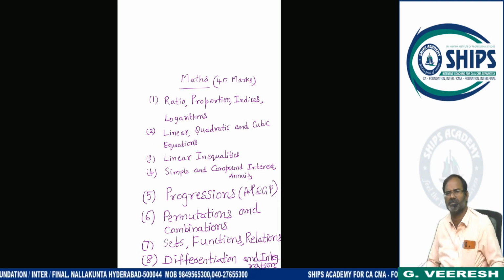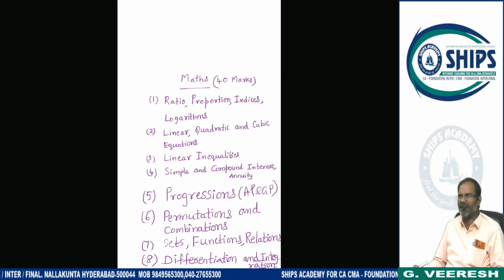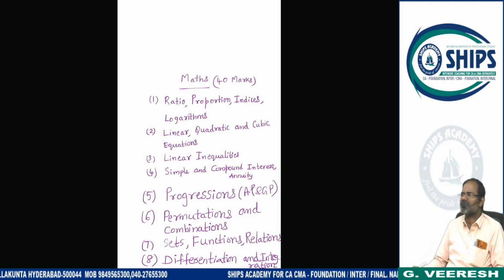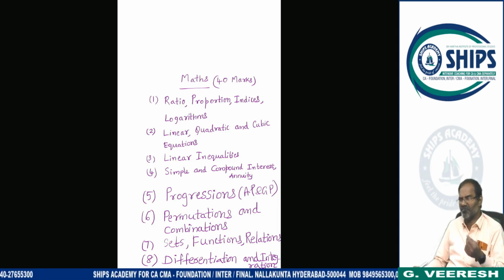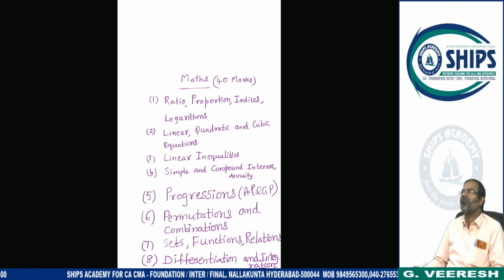Is it clear about the mathematics syllabus? 8 chapters, 40 marks, each chapter 5 questions, like that. But sets, functions, relations will get 2 to 3 only, and inequalities will get 1 or 2 only. Why I am saying all these is based on previous question papers only. Okay? Is it clear?